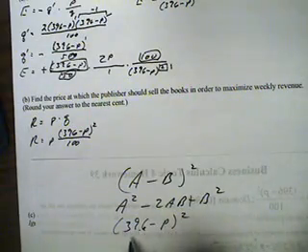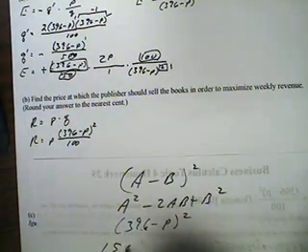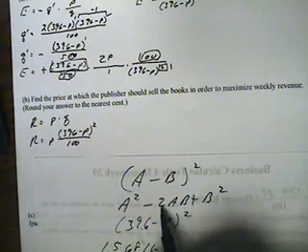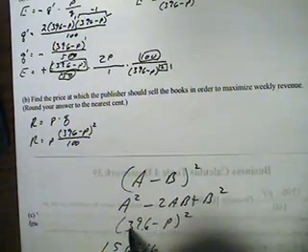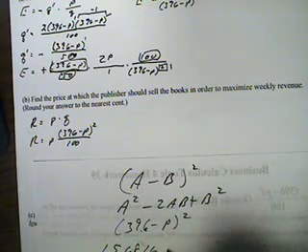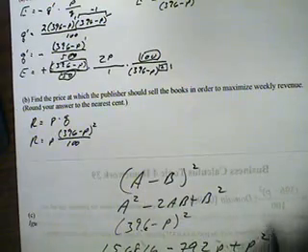So 396 squared is 156816. 2 times A times B is 2 times 396, so 2 times 396 is going to be -792 P, and then plus P squared.